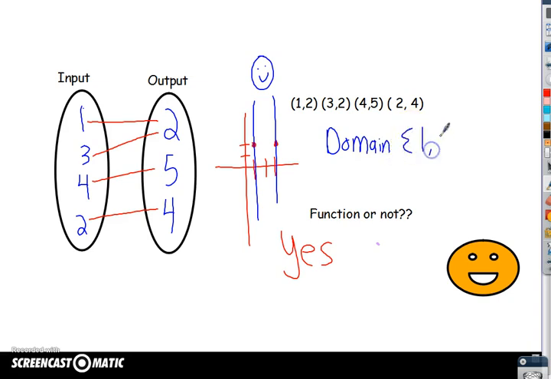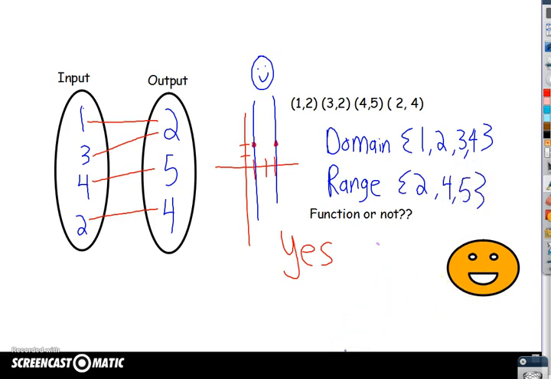It's 1, 2, 3, and 4. My range is just 2, 4, and 5. All my possible x, all my possible y values.